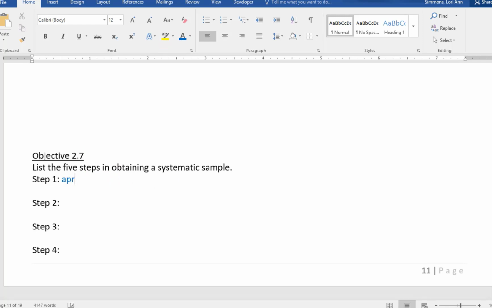Step 1 is to approximate the population size N. Step 2 is to determine the sample size n.